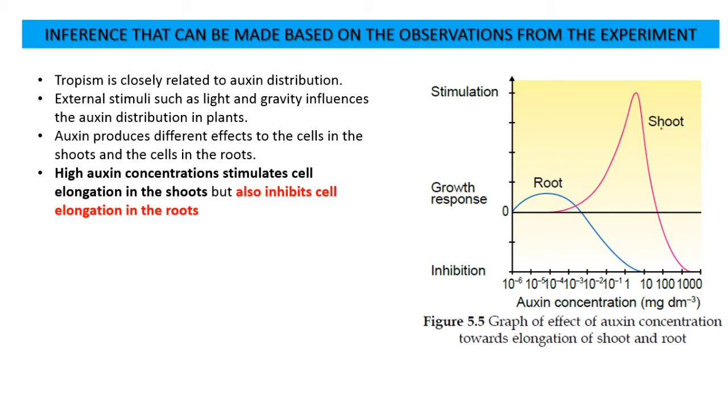In the graph of the shoot, a high concentration of auxin will stimulate the cell elongation, but in the roots, it will inhibit cell elongation. But a high concentration of auxin in the shoot will stimulate. That's why the graph patterns are different.